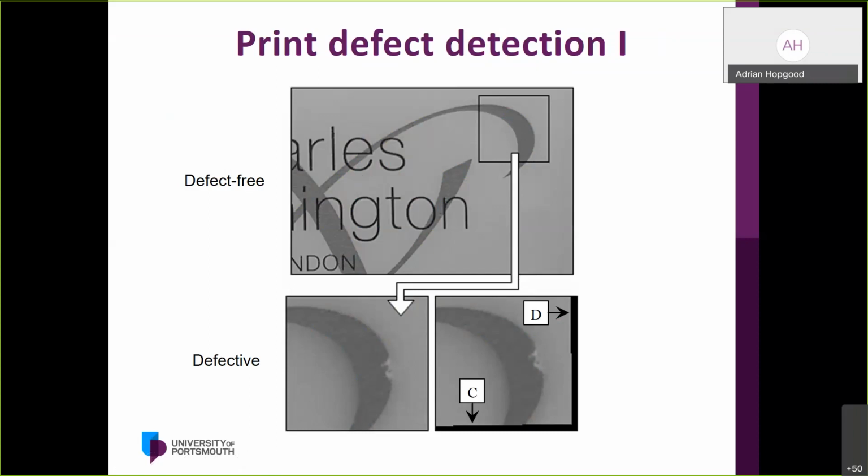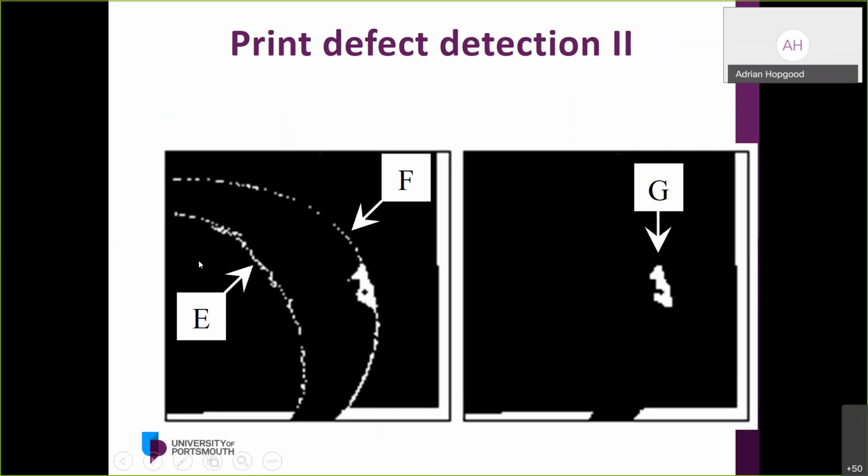You're always going to have a challenge of registering those images, distorting one relative to the other so that they're perfectly aligned. So we used our multi-agent system to do just that, to carry out that image registration. We also needed a bit of rule-based expertise to pick out edge effects like this and then identify the defect. So again, using a multi-agent approach, we're able to identify the defects in real time.